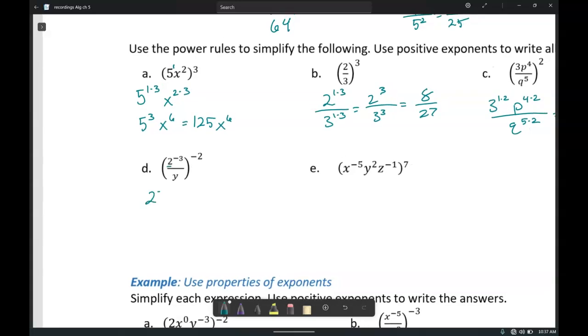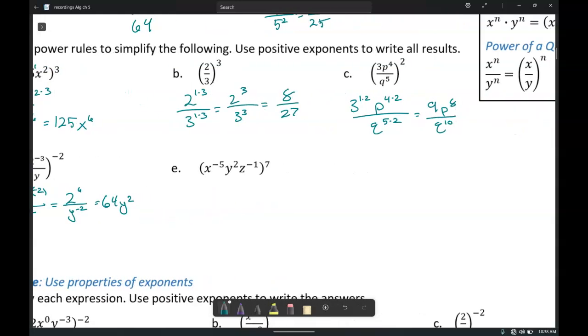Our base is 2, negative 3 times negative 2, over y to the negative 2, equals 2 to the 6th over y to the negative 2, which is 64y squared. x to the negative 5 times 7, y to the 2 times 7, z to the negative 1 times 7 gives x to the negative 35, y to the 14th, z to the negative 7th, which is y to the 14th over x to the 35, z to the 7th.